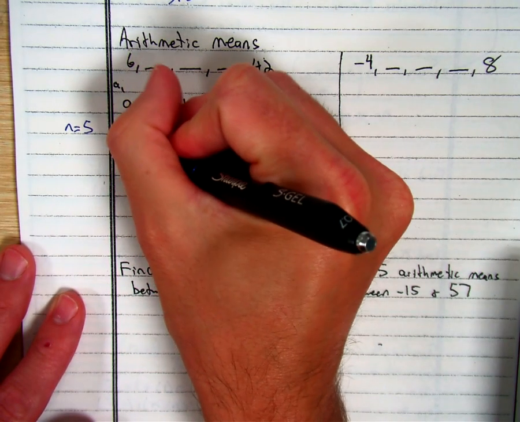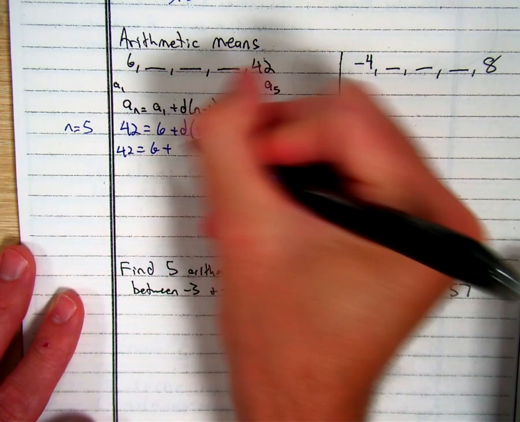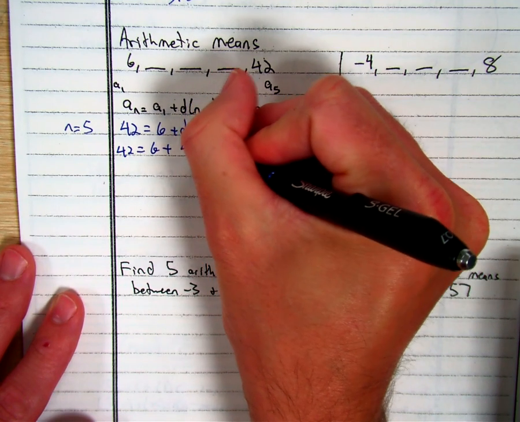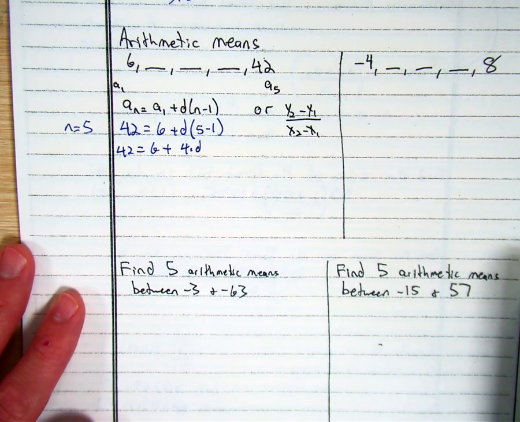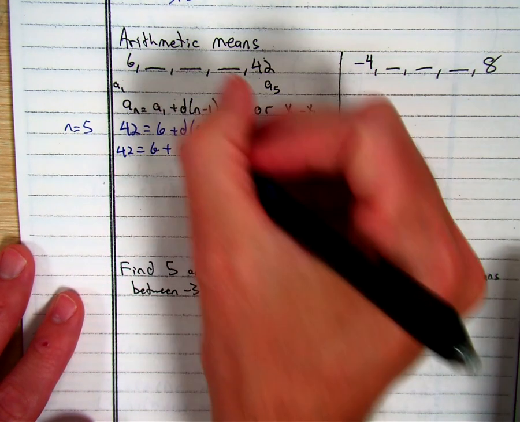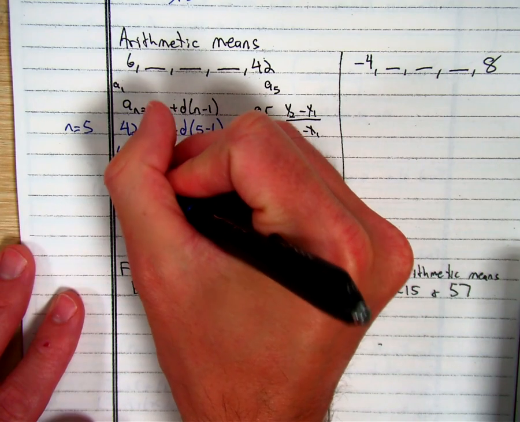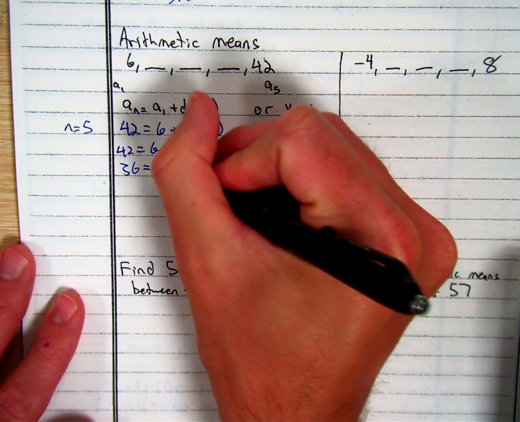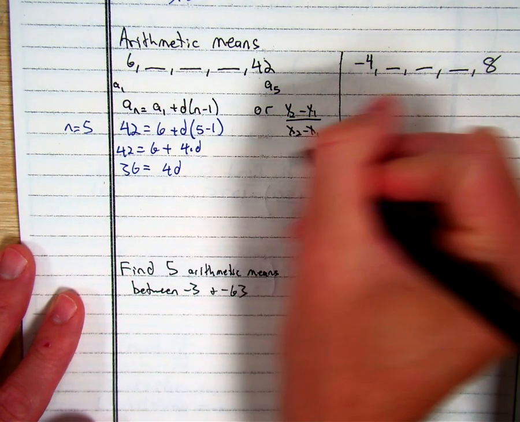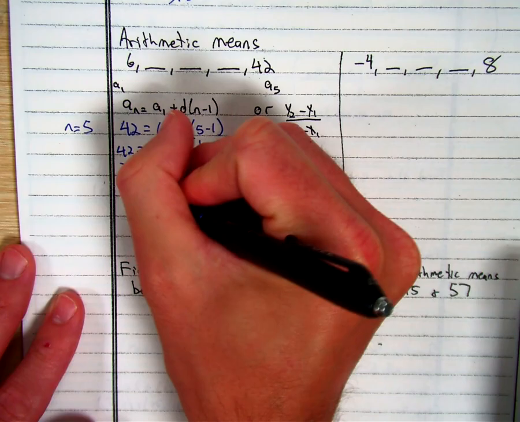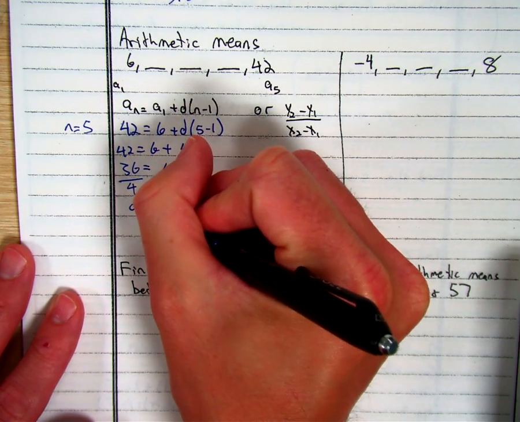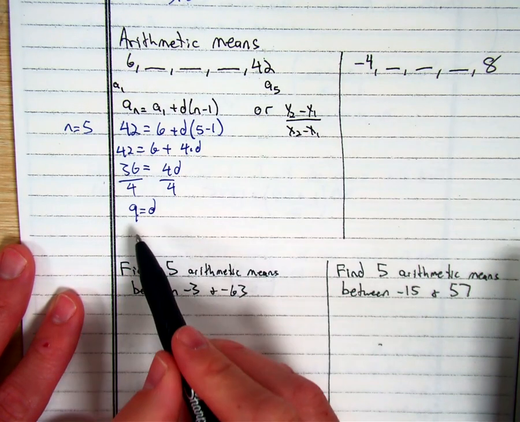So 42 equals 6 plus 4D. If I subtract the 6 over, 36 equals 4D. And then divide by 4, we get 9. So 9 is your difference.